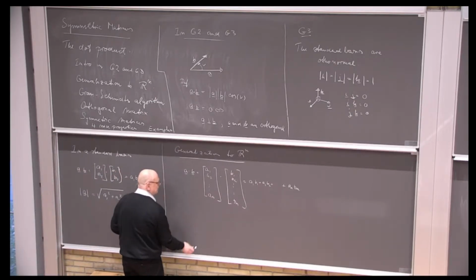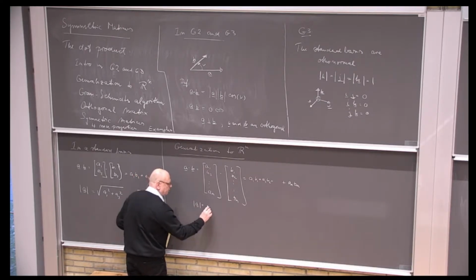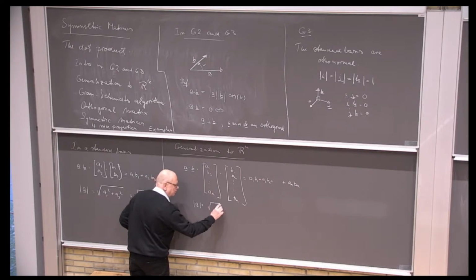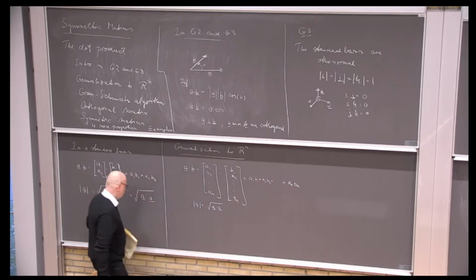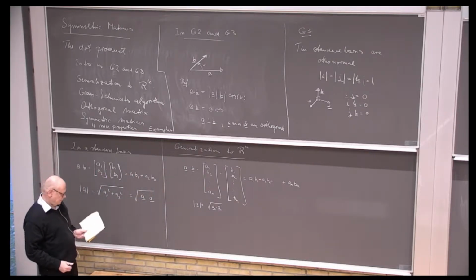And now it becomes easy to define the length of this vector here, because this will simply be the square root of A dot A. So this is the generalization of this formula here.